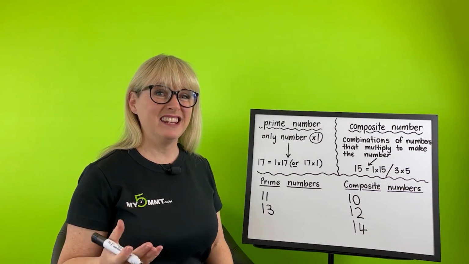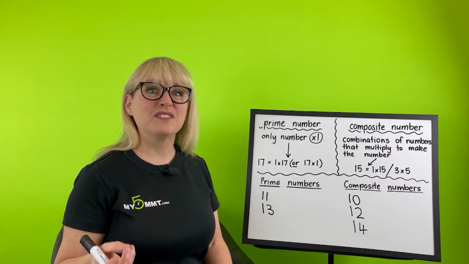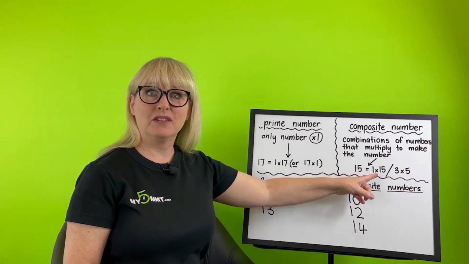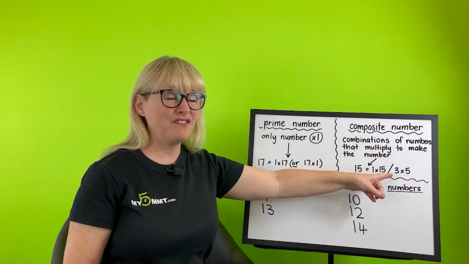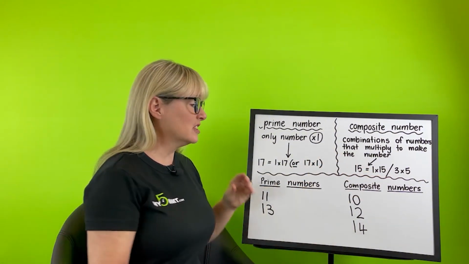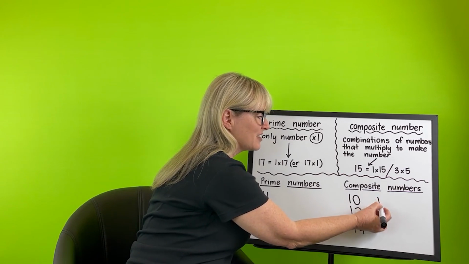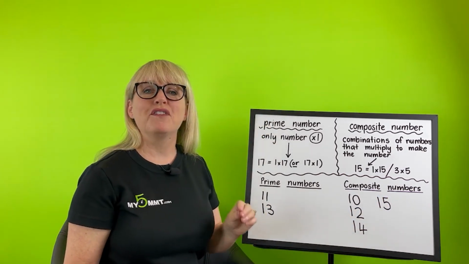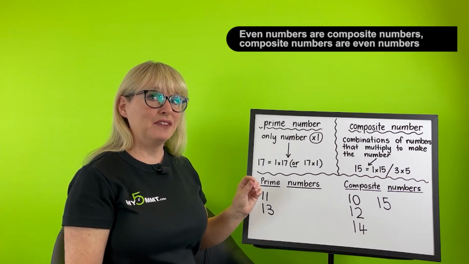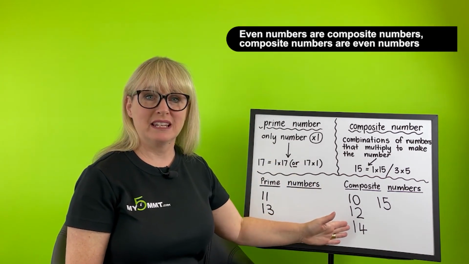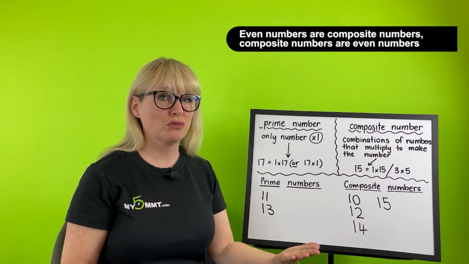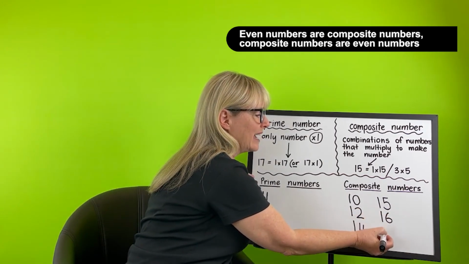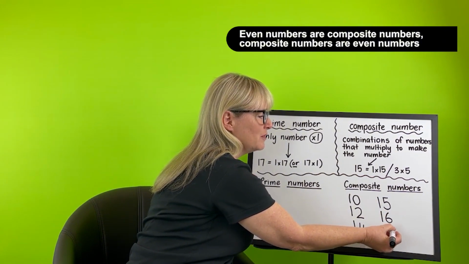However, when we get to the next number, we notice 15 is odd, and 15 was 1 lot of 15 and 3 lots of 5. It's got different combinations. So 15 is actually a composite number and it's an odd number. What we find is even numbers are composite numbers because we can do 2 groups of things, like 16, 2 groups of 8, like 18, 2 groups of 9.